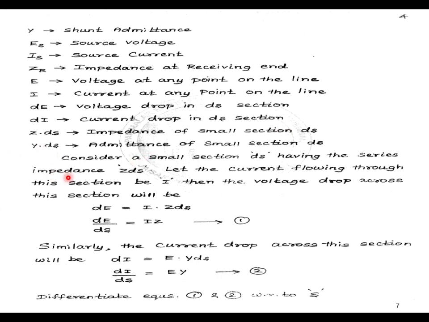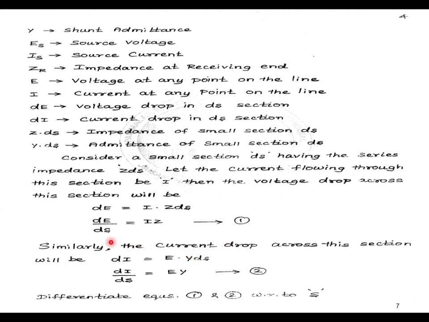Now consider a small section DS having series impedance ZDS, and let current I flow through this section. The voltage drop across this section we can write as DE equal to I into ZDS. So DE divided by DS equals I into Z. This is equation number 1.